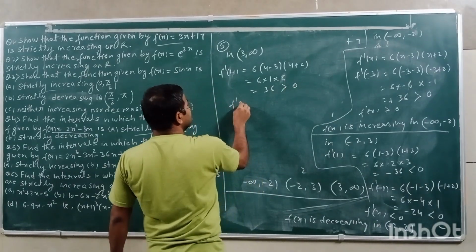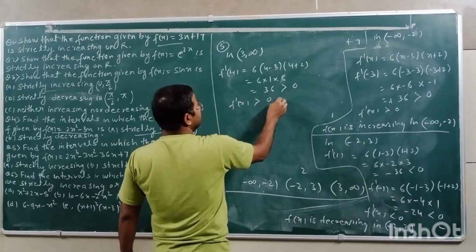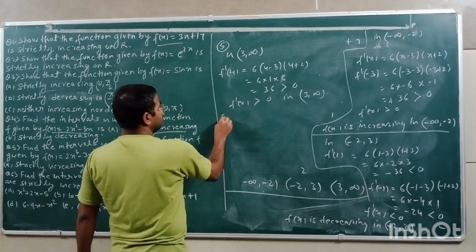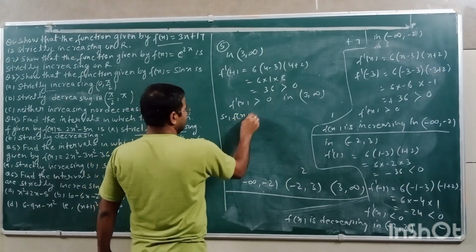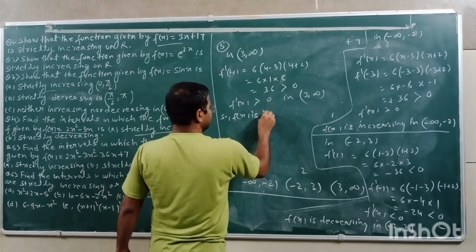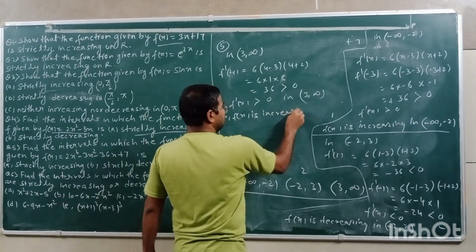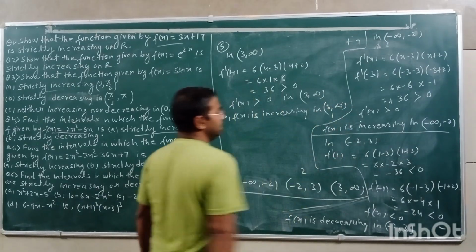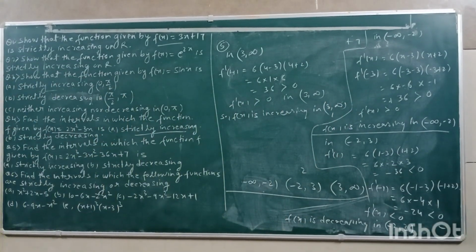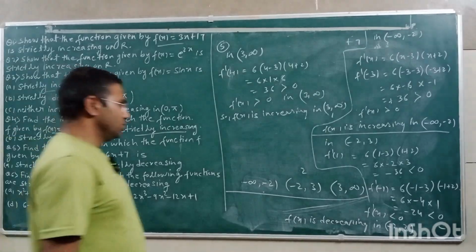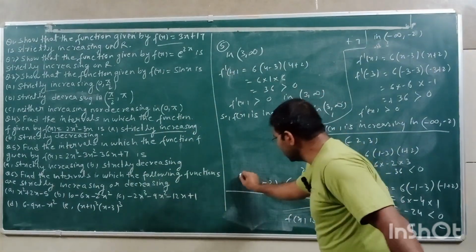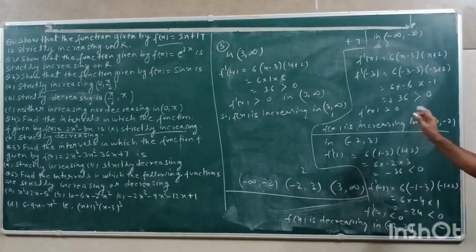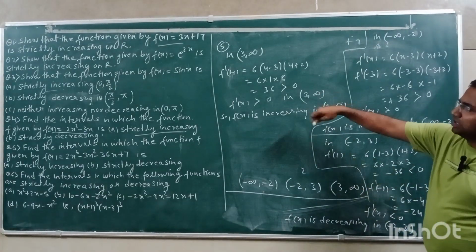It means f'(x) is greater than 0 in (3, ∞), so f(x) is increasing in the interval (3, ∞). So you can see here, in this interval it is increasing, then in this interval it is decreasing, then in this interval it is increasing.